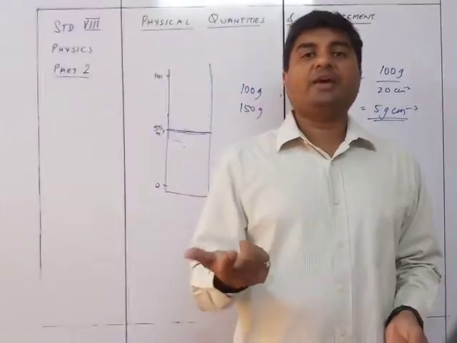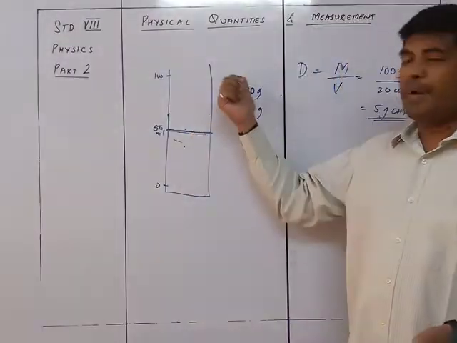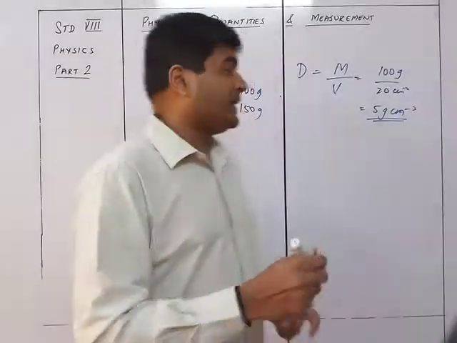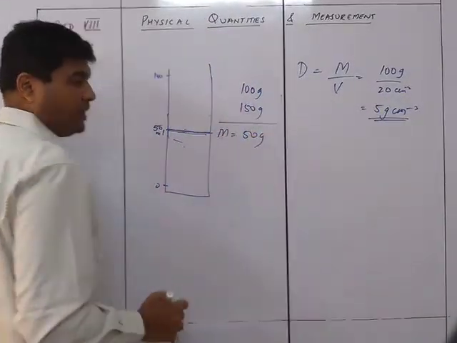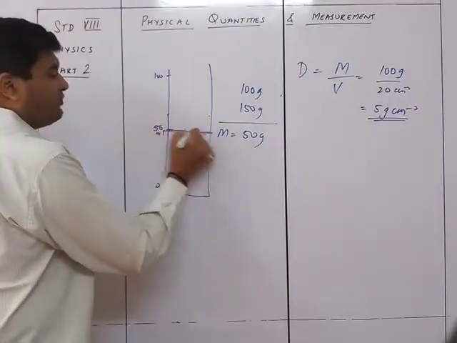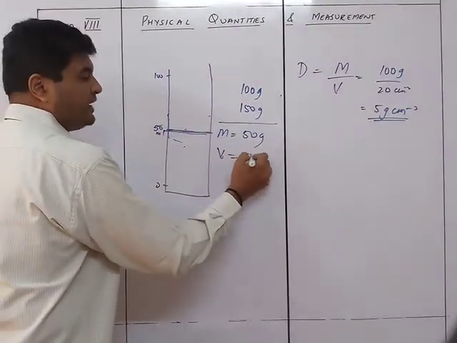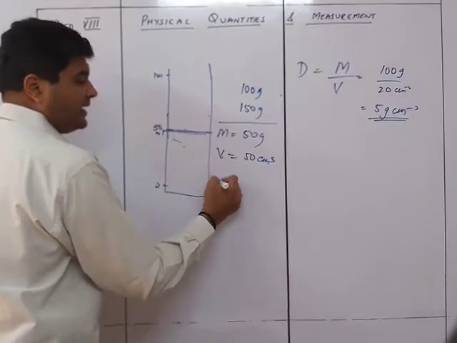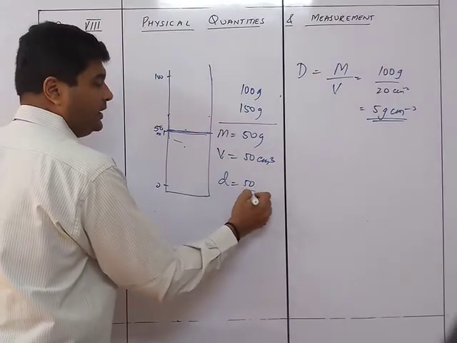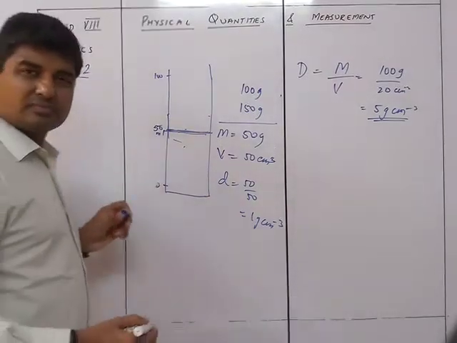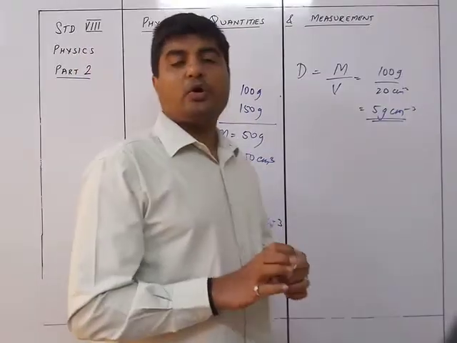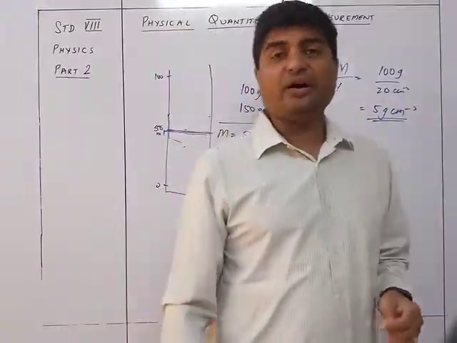Subtracting the measurement of the container from the container with the liquid, I'll get the mass of the liquid: M is equal to 50 grams. I know that it is filled to 50 ml, so volume is equal to 50 centimeter cube. So automatically density will be 50 upon 50 is equal to 1 gram per centimeter cube. Got it? This is how you are going to find out the density of a liquid.